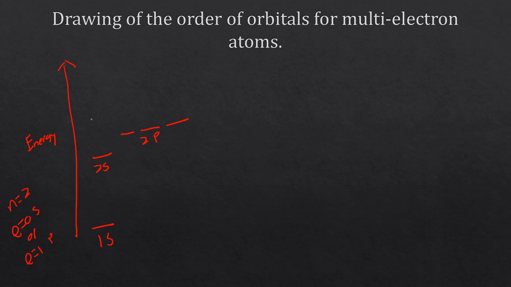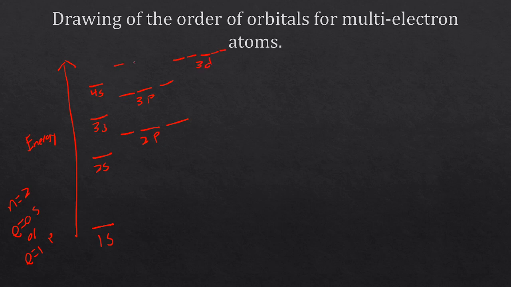Now we've got some more energy levels. We'll have 3s next, and then we'll have 3p. But before we get to 3d, we're actually going to have 4s next. And then right after that, we're going to end up with 3d, which has 5 boxes.